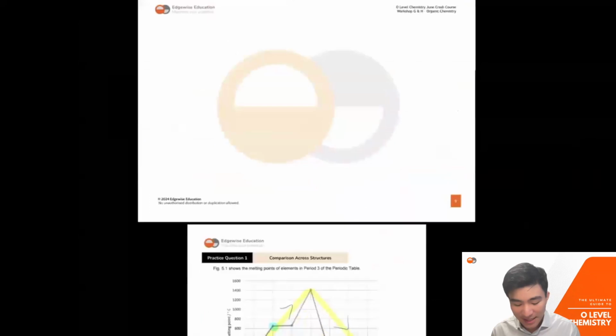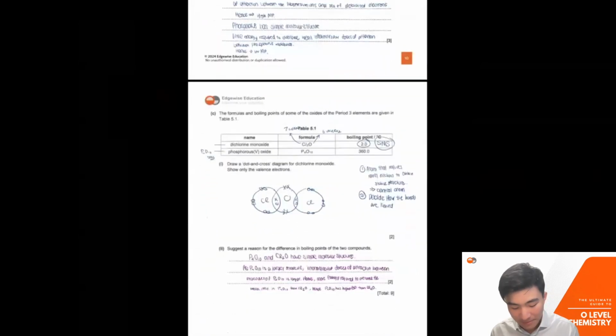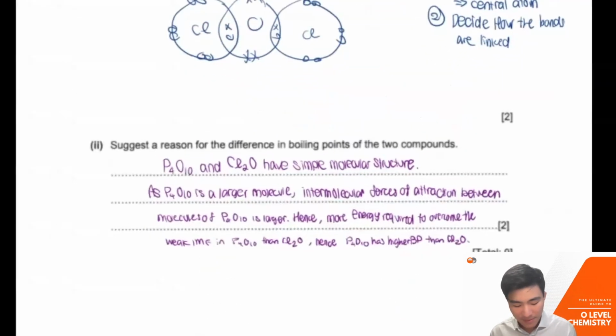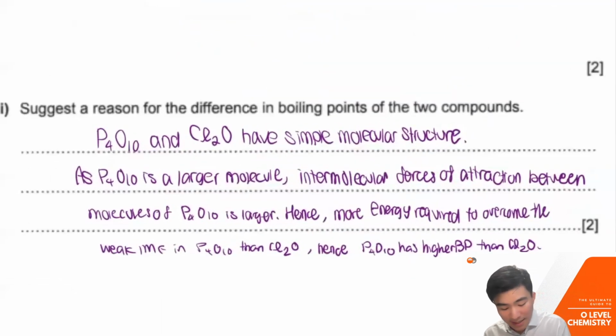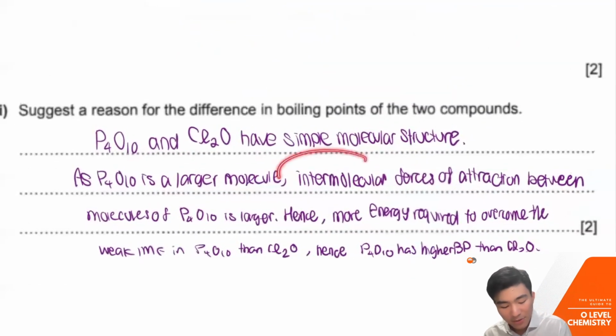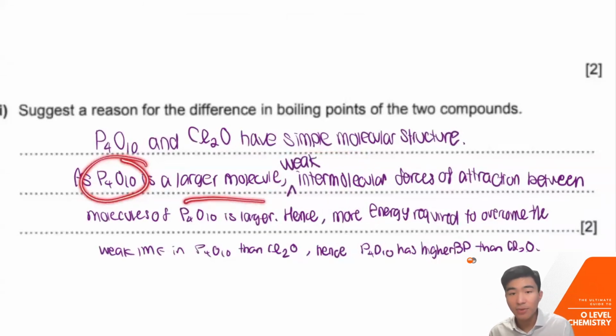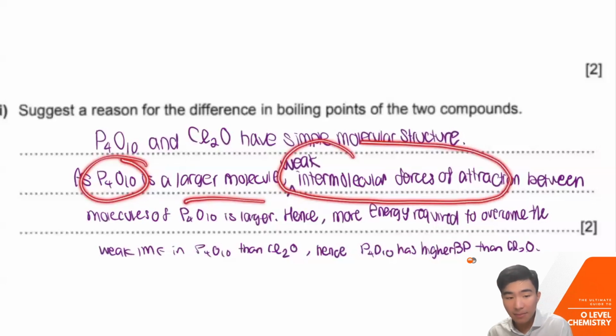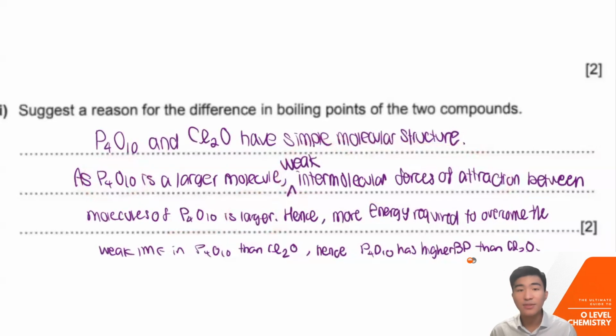Yeah, so similarly, if we come to here, so sorry, should have a word weak here. Okay, so as P4O10 is a larger molecule, the weak IMF between molecules of P4O10 is larger. So that means the intermolecular force is slightly stronger.